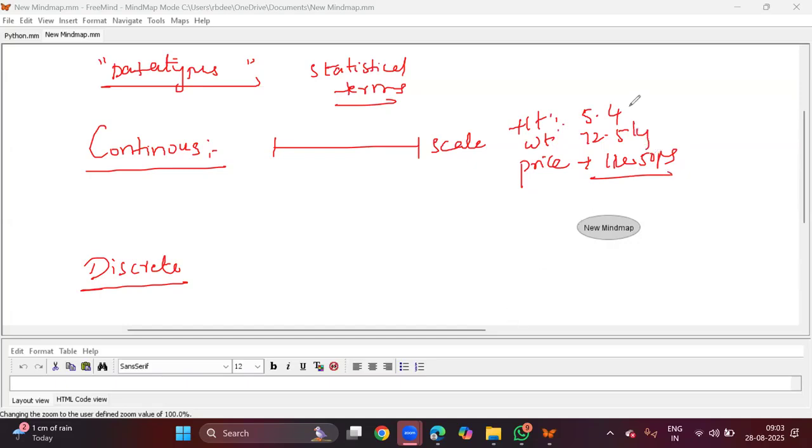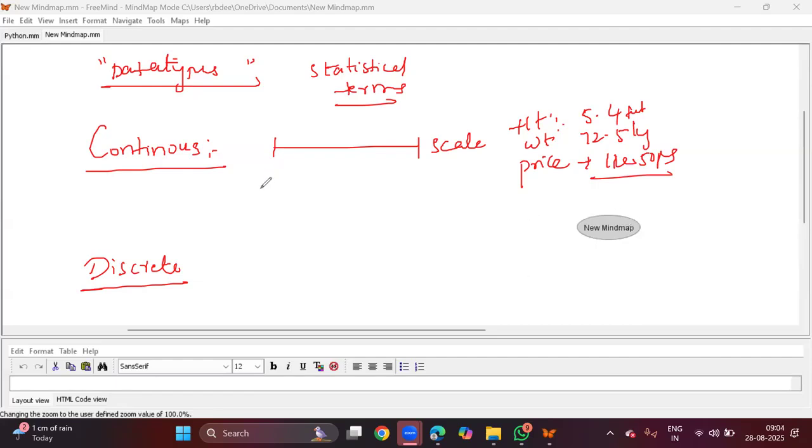So when I say height is 5.4 feet, can I round it off to 5 feet? Does it make sense? No. If I say 72.5 kgs, and you have even 1.1 kg more, you are not allowed to perform in Olympics. It should be exact, so it should be considered. You cannot ignore it, right?